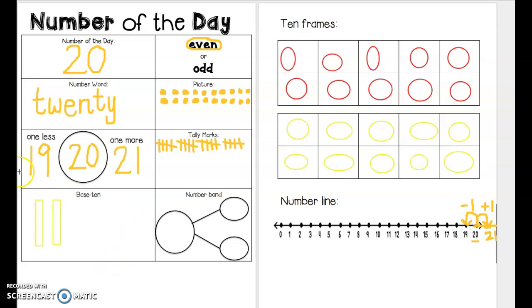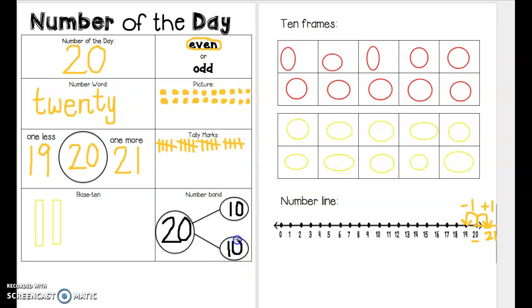All right, so next let's look at our number bond. Now, if we're going to look at the number 20 as our whole, what are our 2 parts if we look at our 10 frames to help us, or we look at our base 10 blocks? We have 10 plus 10, right?